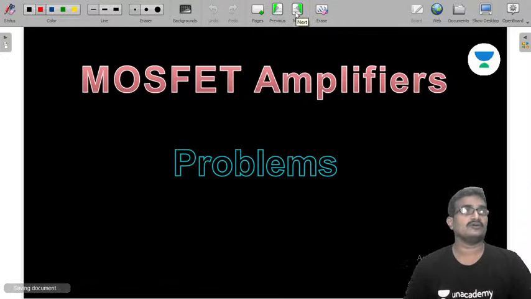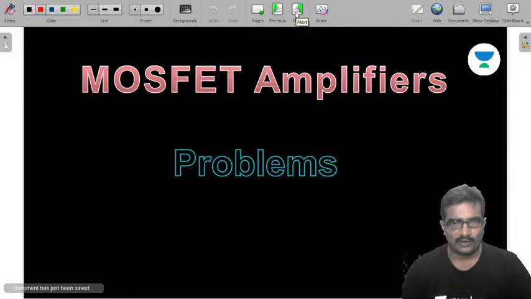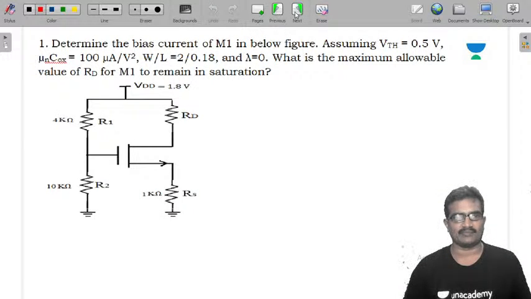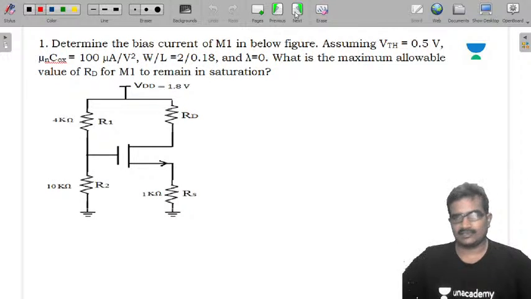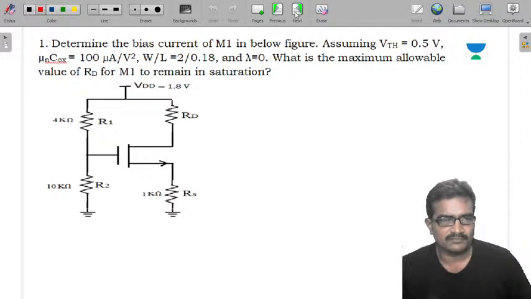Now we are going to do problems on MOSFET amplifiers. Now, first, see this problem.